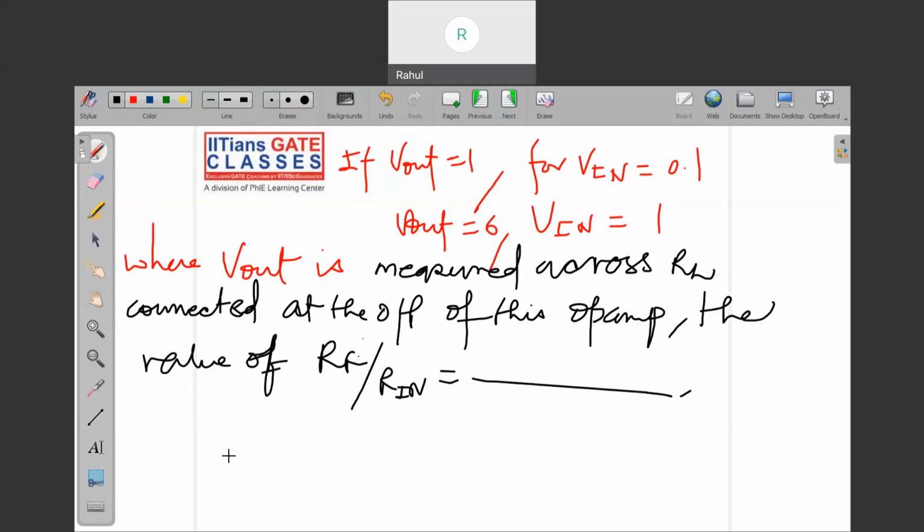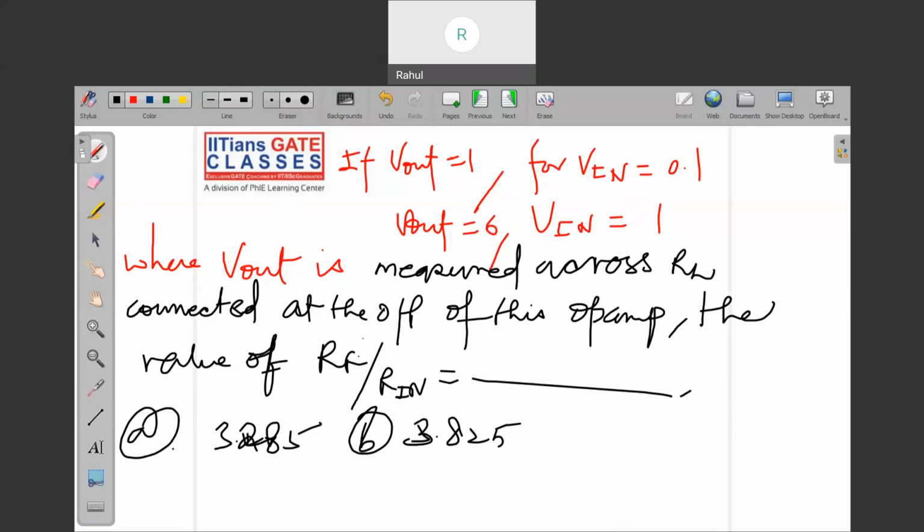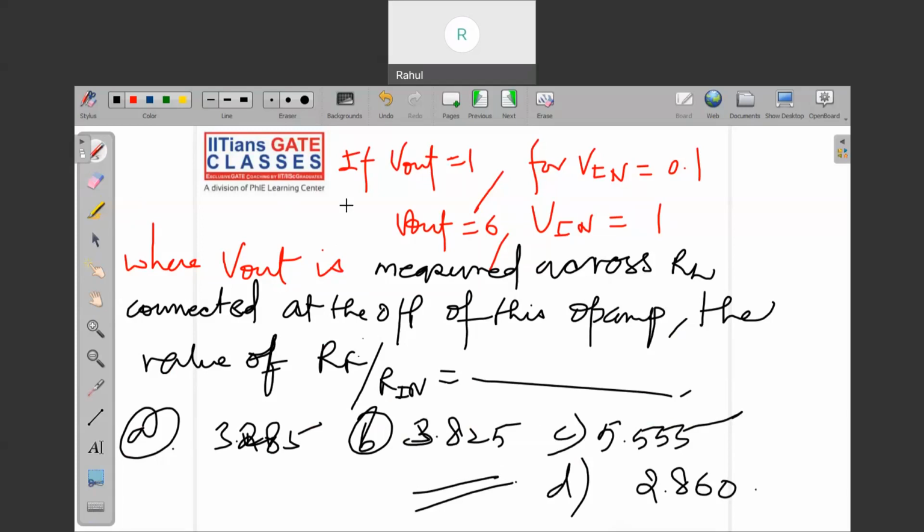This was the question, a very good question. The options they have given: option A is 3.285, option B is 3.825, option C is 5.555, and option D is 2.860. So it is an easy question again.